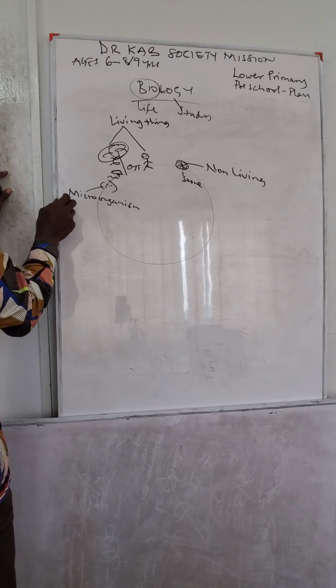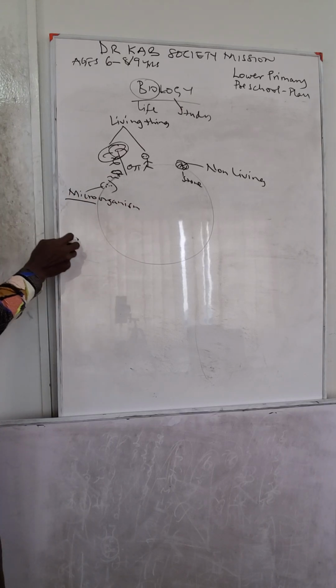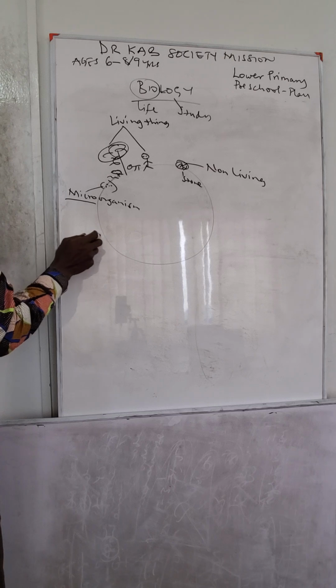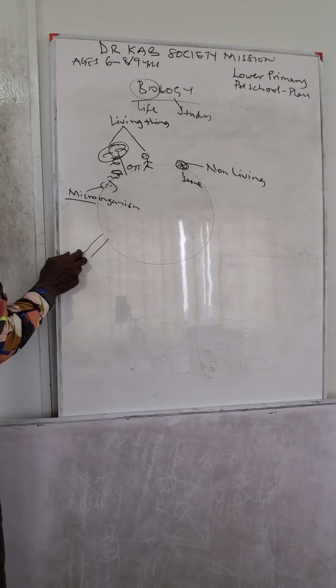Micro is very, very small. We can't see them, we have to use a microscope. So we need a microscope to see that.